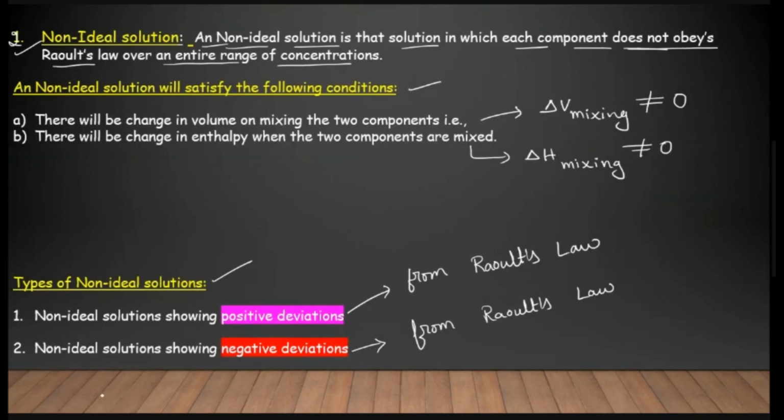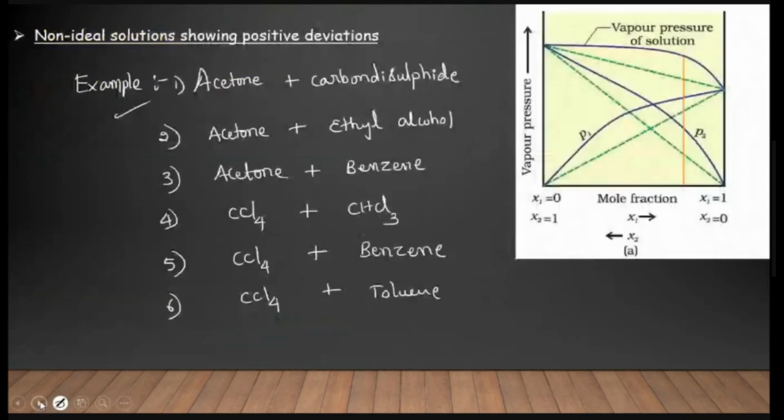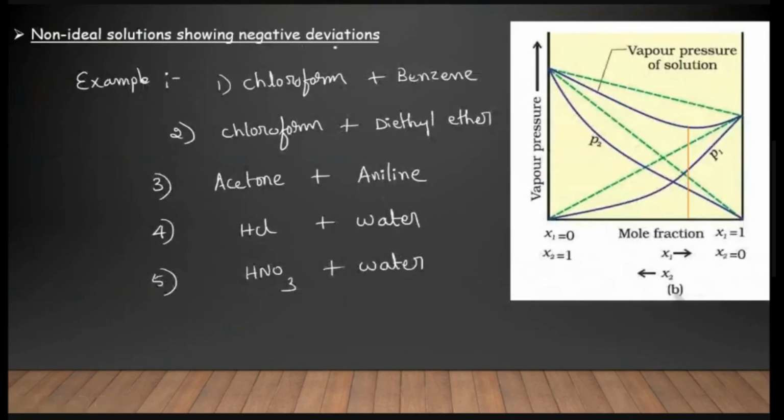For positive deviation, we have studied the reason and the main cause for the positive deviation and certain examples. Similarly, for negative deviation, the cause of the negative deviation and some examples. Okay. I hope you understood, and I'll see you in the next class.